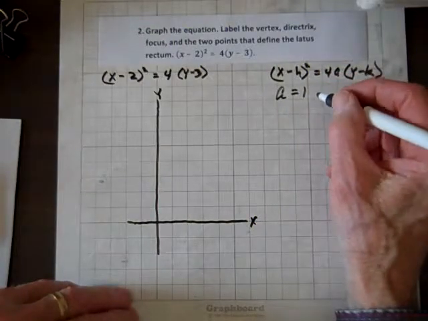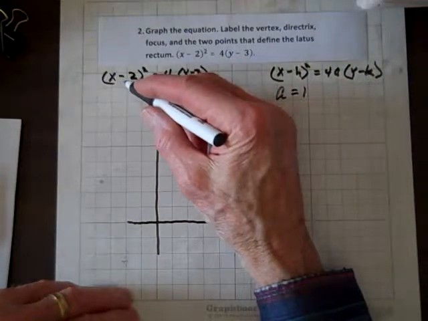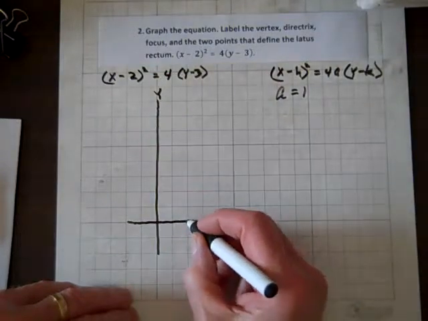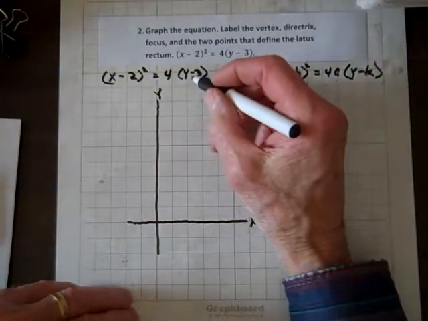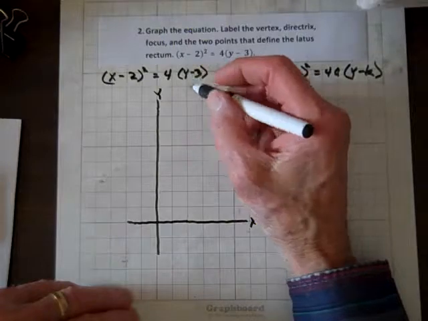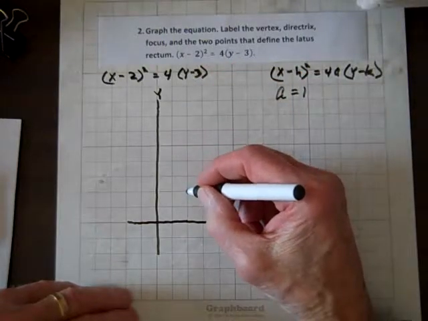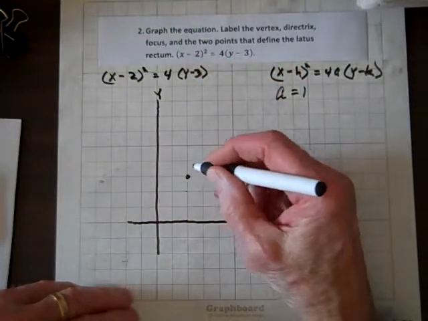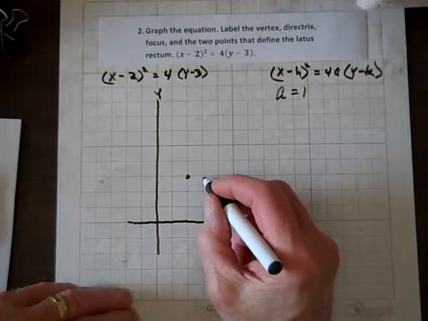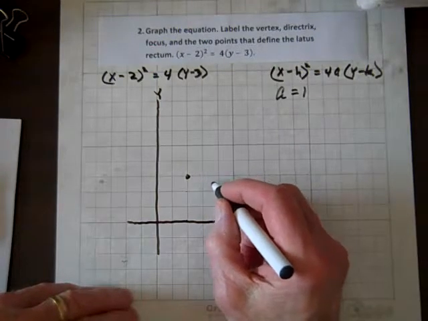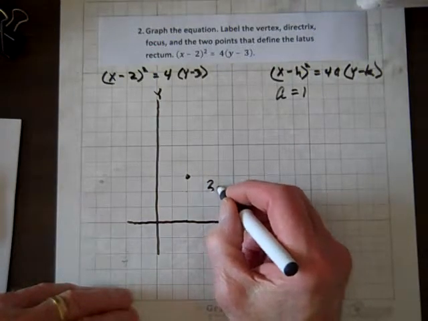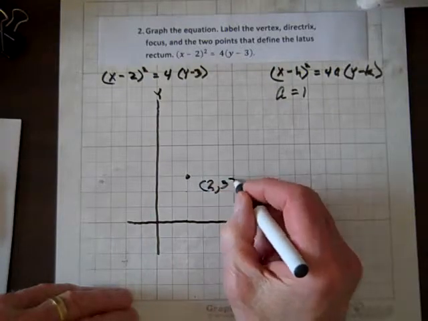And so now, what value of x takes this to 0? 2 does, so we'll go over 2, and what value of y takes this to 0? 3 does, so we'll go up 3, and there's our vertex at 2, 3.